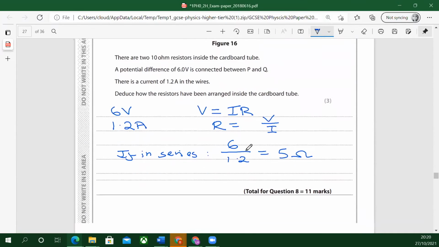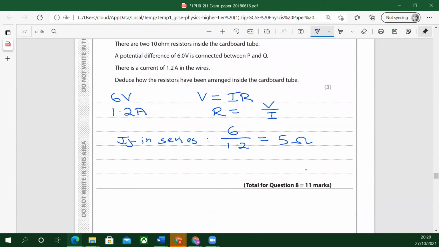If they were in series, that would be 20, wouldn't it? They'd add together. So if in series, R1 plus R2 equals 20, so they must be in parallel, because that 5 ohms is actually less.